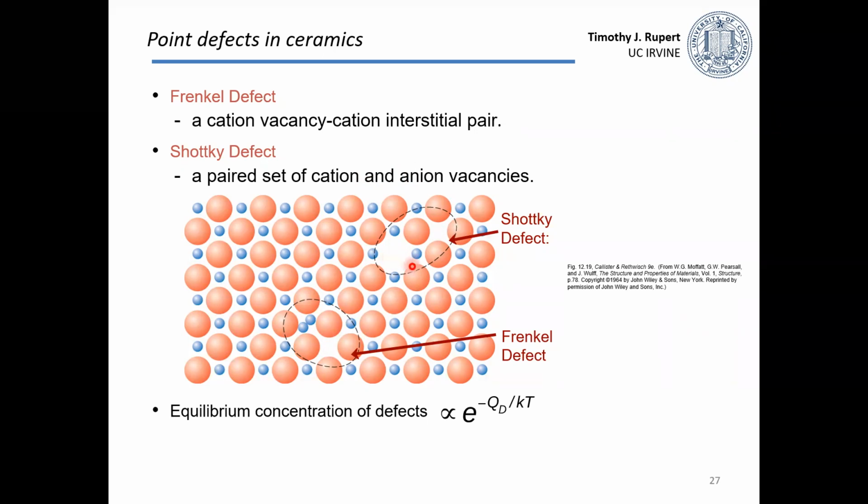Okay. Now, generally, we can think of these defects in the same way and with the same principles we introduced when we were introducing the concept of vacancies. So the equilibrium concentration of defects inside of the material is going to be dependent on the temperature. It's going to be proportional to an Arrhenius type of law with an activation energy and the temperature effect.